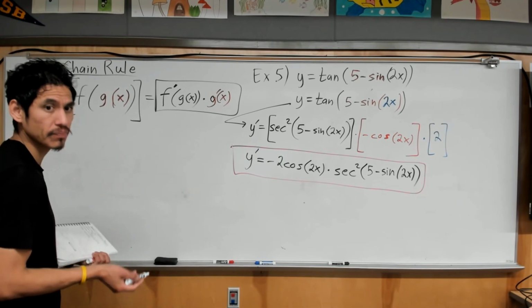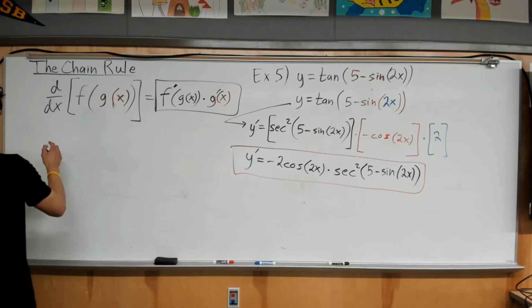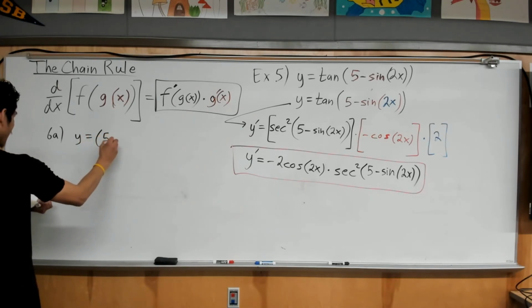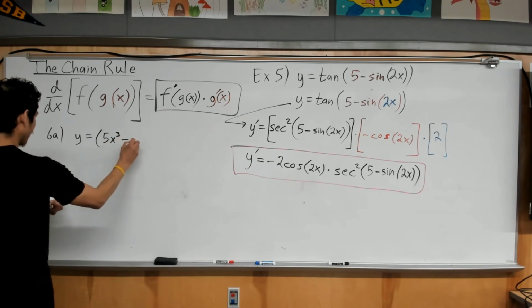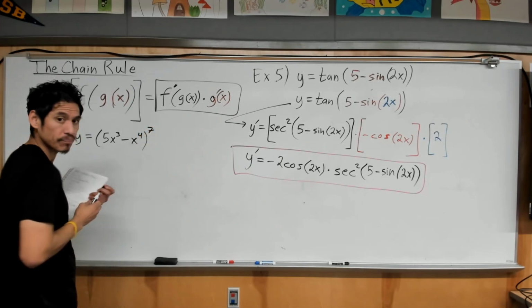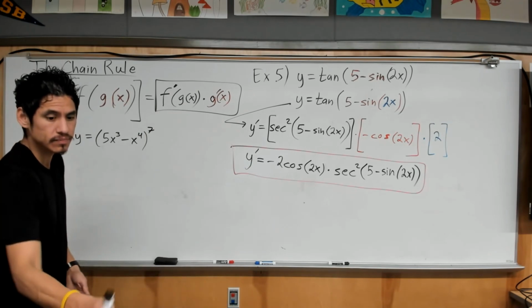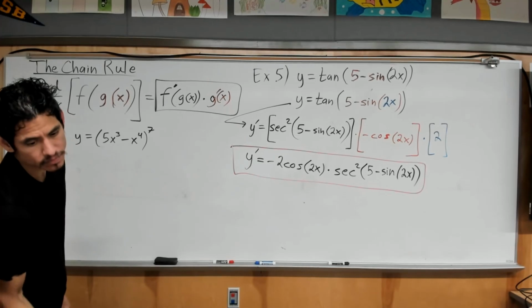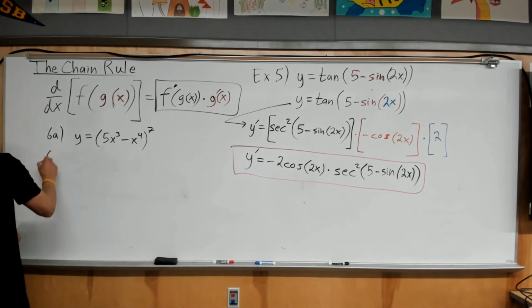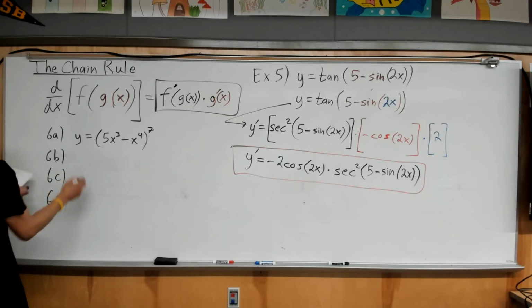Let's go over example 6a. We have y equals 5x cubed minus x to the 4th, all to the 7th power. I'm going to write all the remaining examples right now so I don't have to worry about writing them.